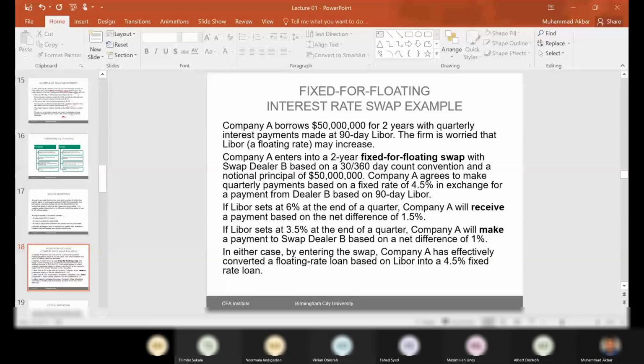I would recommend that you learn from the internet what I will just write here: LIBOR scandal. Just write this in Google and go to the first page. I think it will be Wikipedia. Just go and read about the LIBOR scandal.